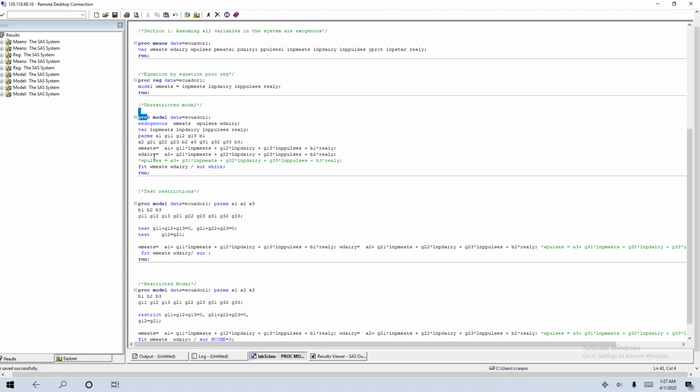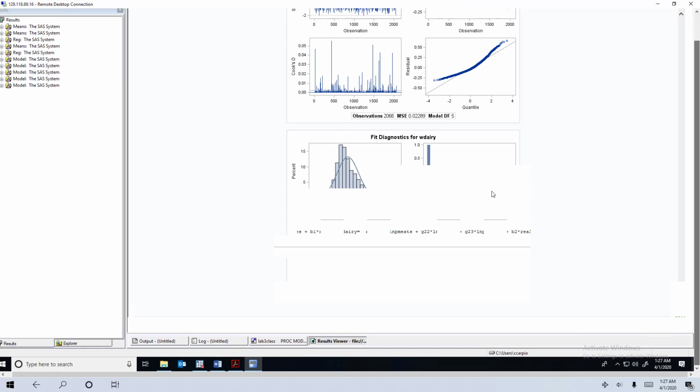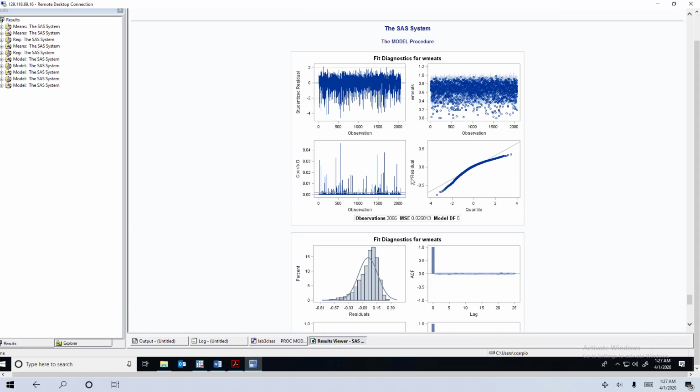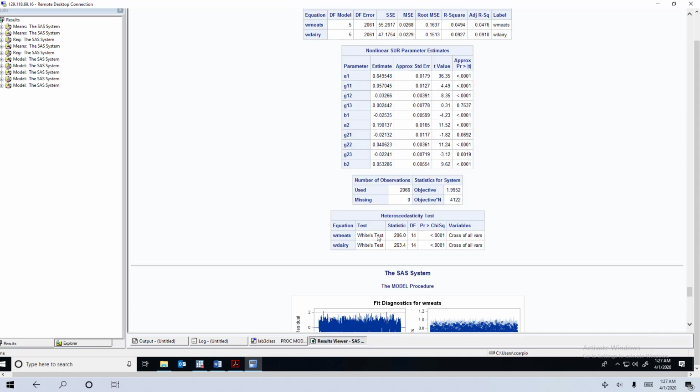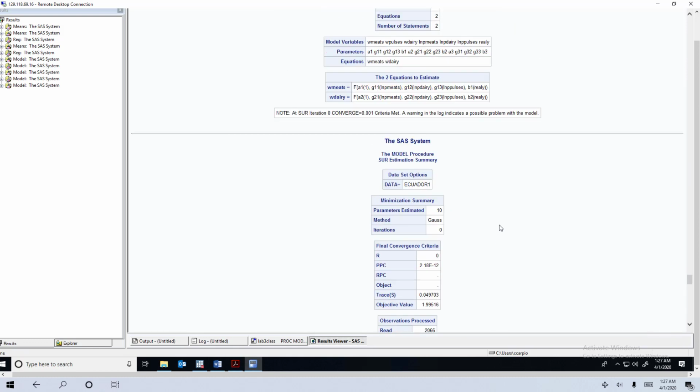I can take that one out, and let's see what happens here. Okay, see, so the white test shows evidence of heteroscedasticity in each equation. The heteroscedasticity test is going to be the white test for each equation separately. So we have some evidence of heteroscedasticity.